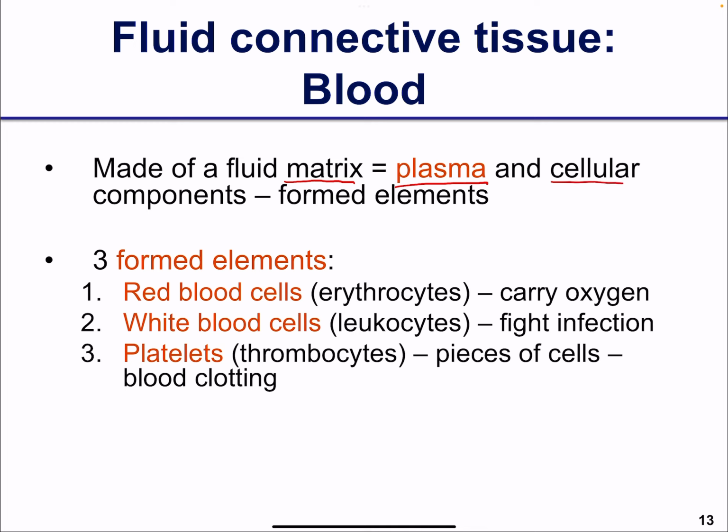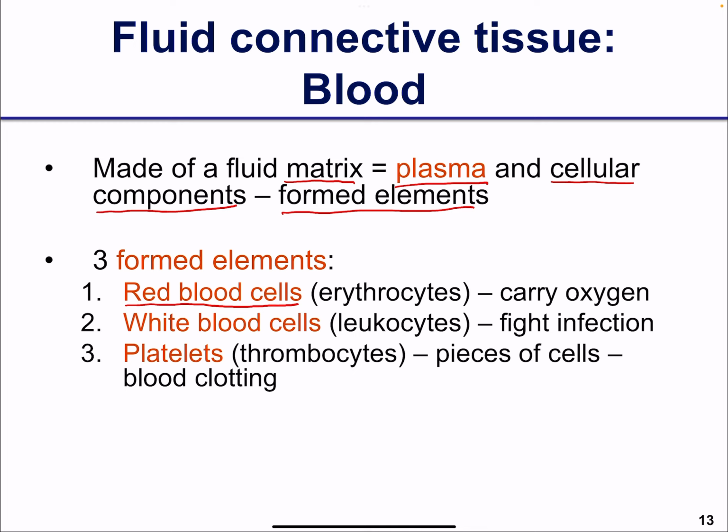Now, that cellular component of the blood has a name. It is called formed elements. That formed element is made up of, obviously, formed elements, right? Now, there are different formed elements, or cellular components of the blood. The first we are going to mention is the red blood cells. Now, red blood cells carry a fancy name.